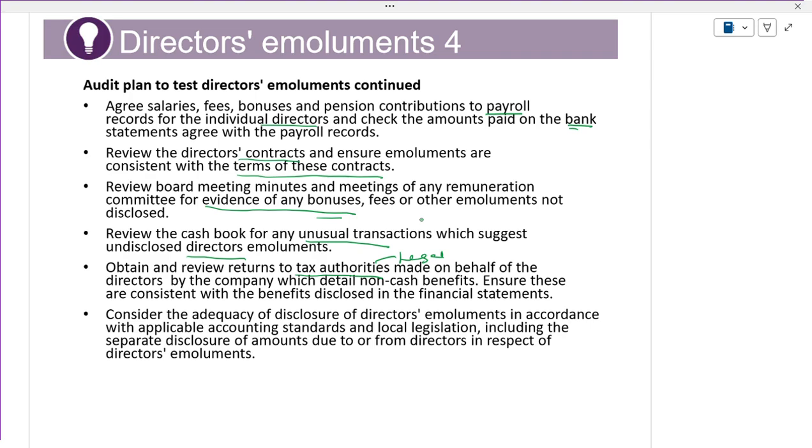Consider the adequacy of disclosures in accordance with the accounting standards and, most importantly, when talking about directors, local laws, national rules and regulations. In some cases you will come across some rules and regulations that we have to make sure have been worked out.